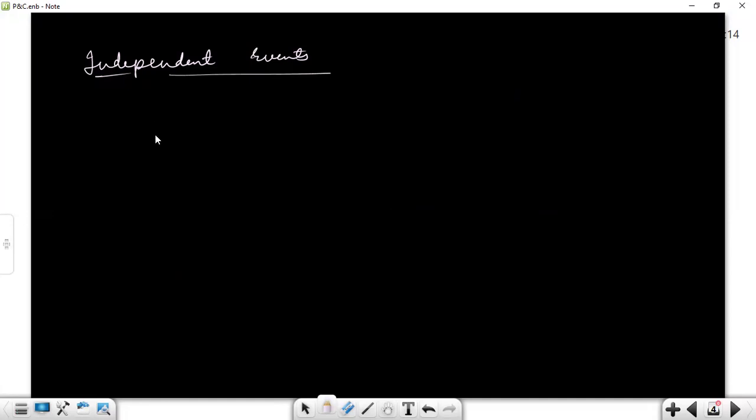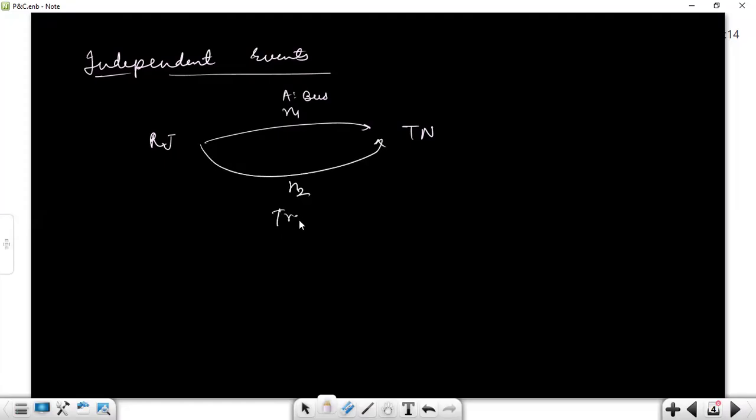Let's say from Rajasthan to Tamil Nadu, there are N1 routes through bus. Let's call that the A event. And there are N2 ways while going by train. Let's call this particular event B. So now these two are independent events. They are not dependent on each other.